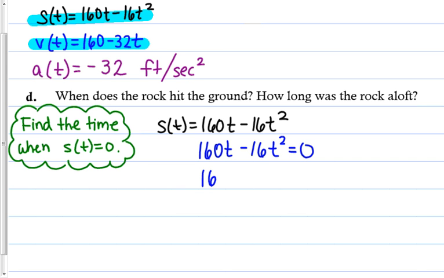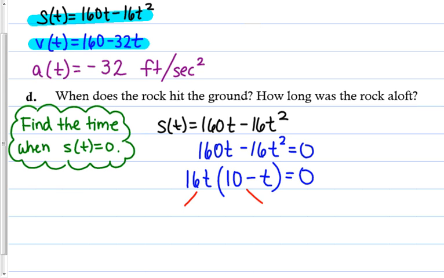So I can pull out 16 from both of these numbers. Actually, I can pull out 16t. They both have that factor in common. So I end up with 10 minus t equals 0.